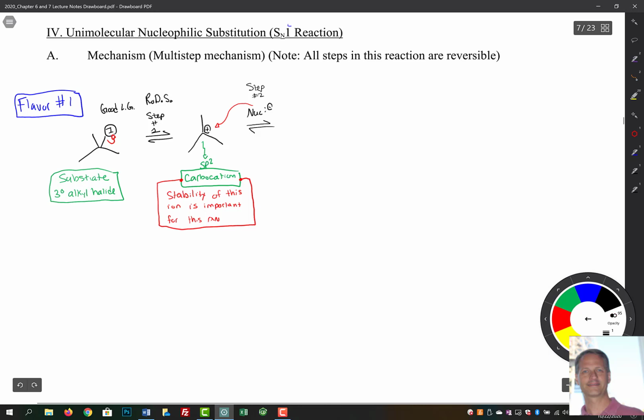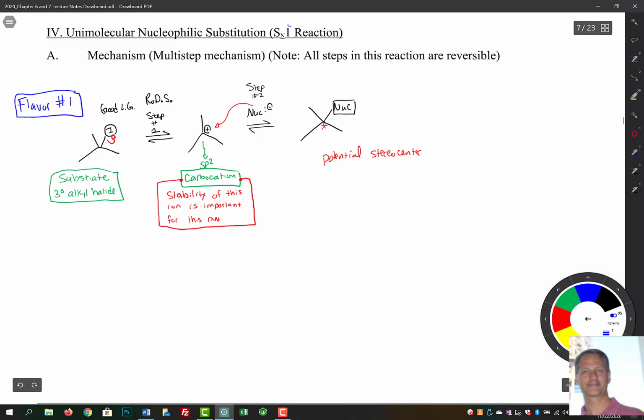So what that's going to give us here is our 3 carbons now attached to this nucleophile. Other thing to point out is that that carbon right here is a potential stereocenter. So we might have to worry about chirality there.